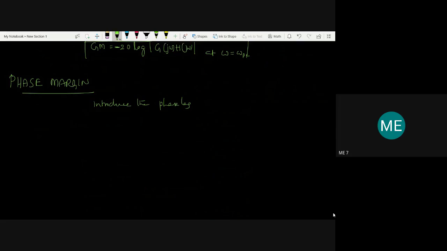Lag in the phase means how many degrees is the lag in the phase. Say for example, it is 0, say 90 degrees. There is a lag in the phase of 90 degrees, right? It starts at 90 degrees, means there is a phase lag of 90 degrees. So introduce the phase lag in the system.